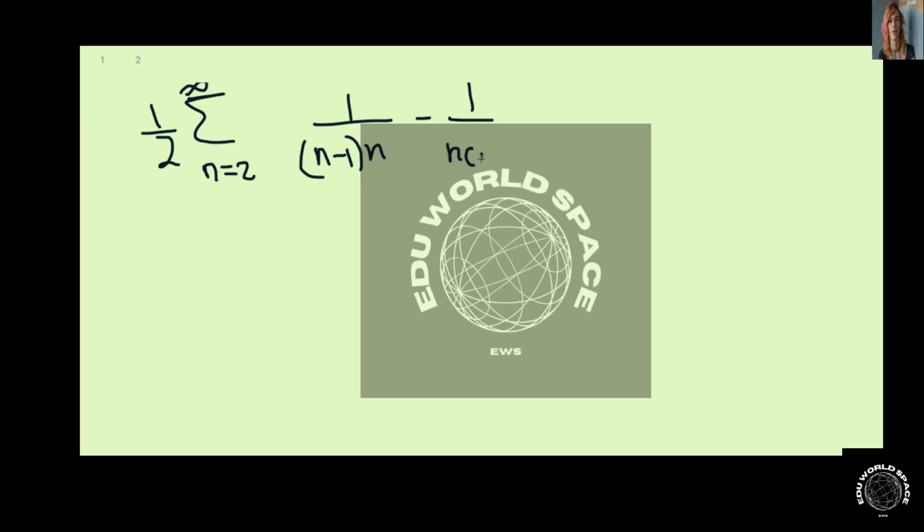So we have 1/2 the sum from 2 to infinity. Now on the inside, we have 1 over n minus 1, minus 1 over n, n plus 1. And now we're ready to telescope. So we can write this as a limit as k goes to infinity.